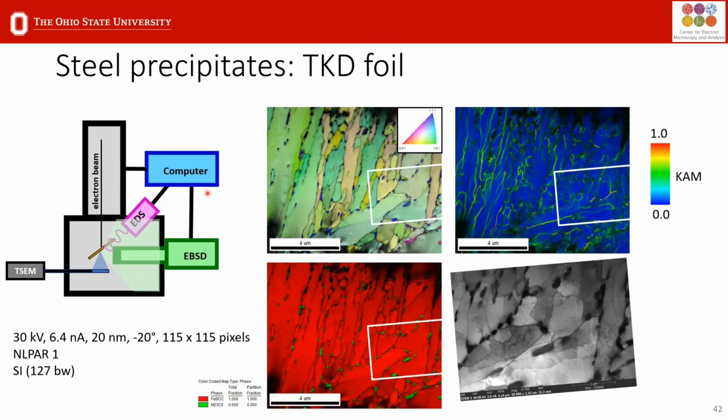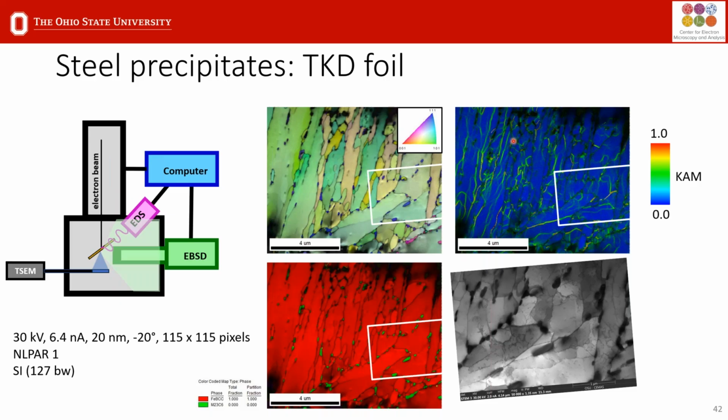If we then map out that same area that I showed the image of, we can re-index those patterns with the spherical re-indexing, and that would really improve the indexing success rate, the angular accuracy, and also the spatial resolution. The top left shows the inverse pole figure showing you the different orientations within the grain.